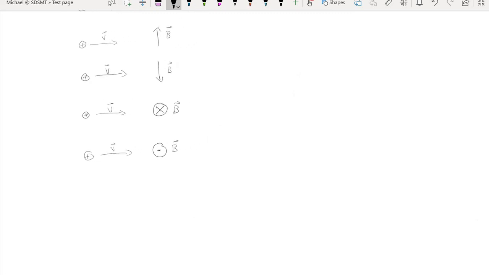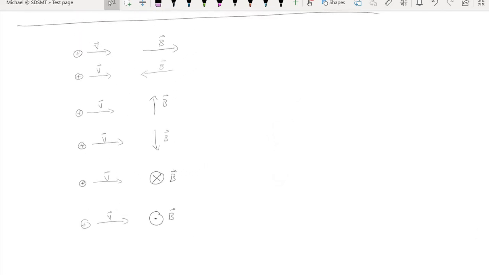So what we have here with these 6 different combinations is every conceivable combination that you can have between a velocity vector and a magnetic field vector. Now, obviously, there are going to be plenty of other angles that we can set up between two vectors. In fact, there's infinite combinations, but all of those other combinations are just going to be a combination of one of these 6 possibilities.